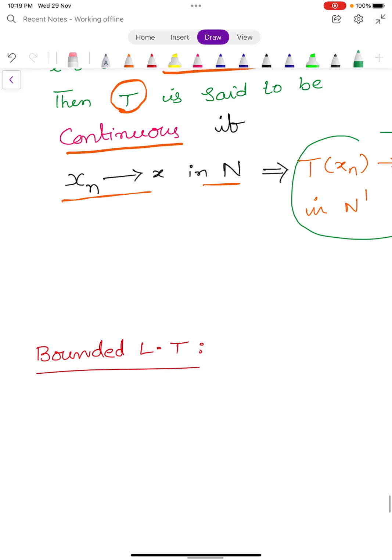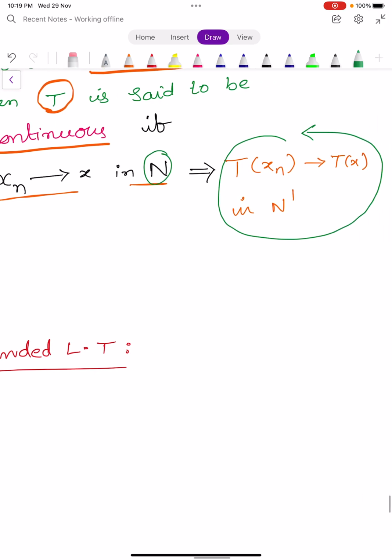It means whenever the elements converge in the domain, then the corresponding images also converge in the codomain. Here N is the domain and N dash is the codomain. Whenever the elements in the domain xn converge to x, then the corresponding images also converge to their corresponding images.